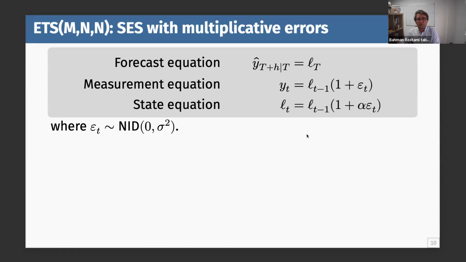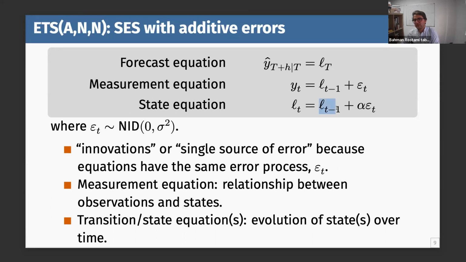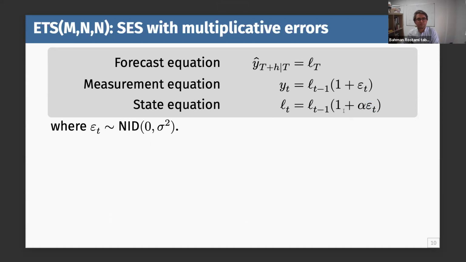If you want the multiplicative version for the error part, because the others, trend and seasonality, are still none, we can write it in this way. As you can see, instead of the additive one, which takes the estimated level in the previous period plus alpha times epsilon t, the error here, we multiply that.